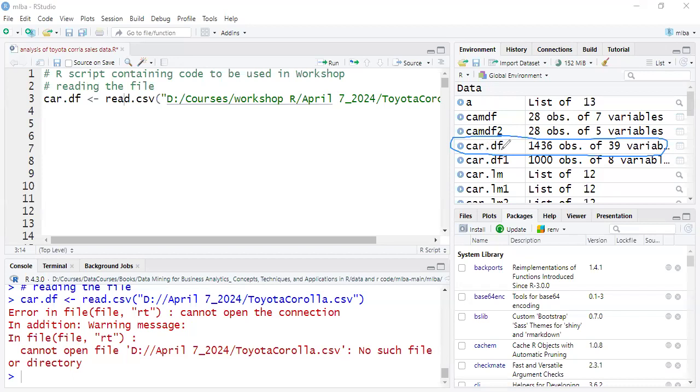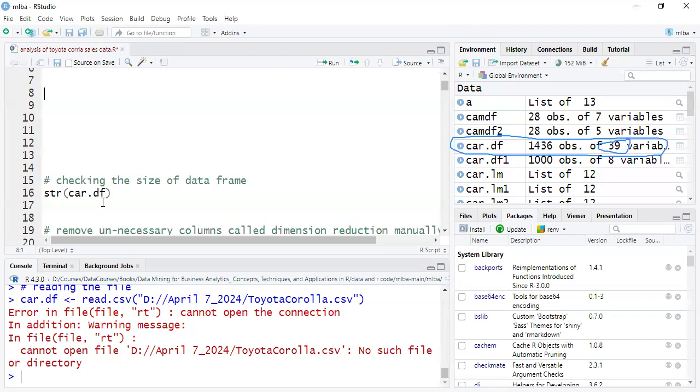The car.df contains 1436 rows, meaning it contains the data of 1436 observations, and 39 variables are there. So now we want to check what these variables are, because I mentioned on the slide only a few of the variables, like 11 or 9 variables, whatever they are. So now I want to see the actual number, the actual size of that.